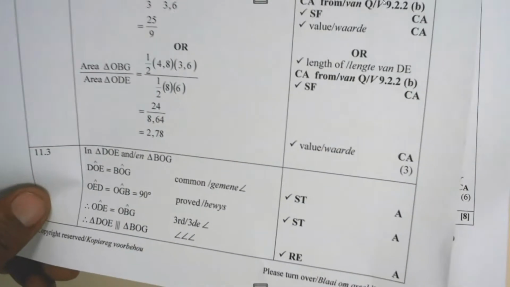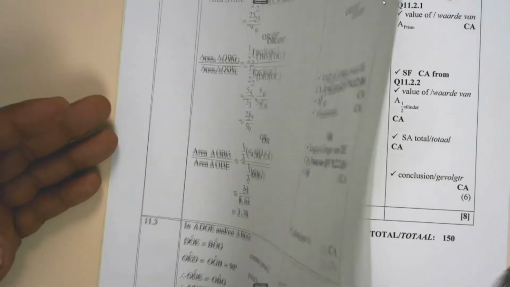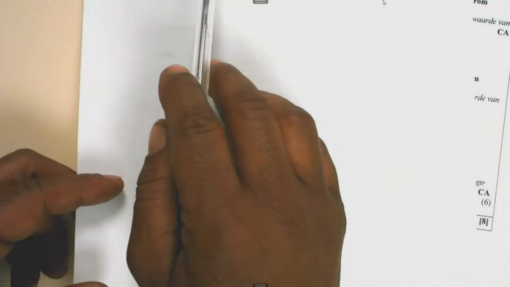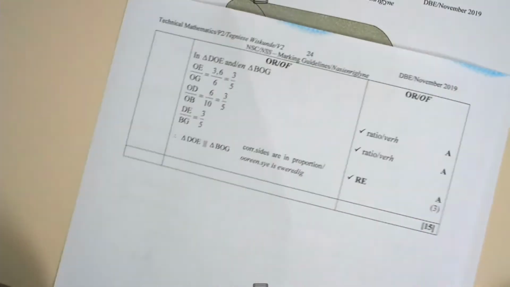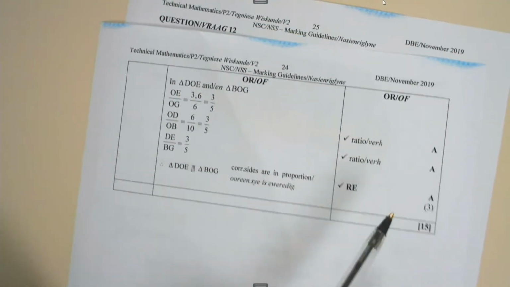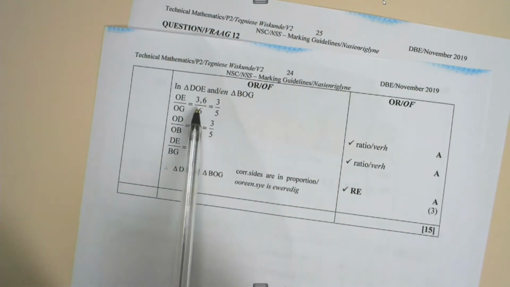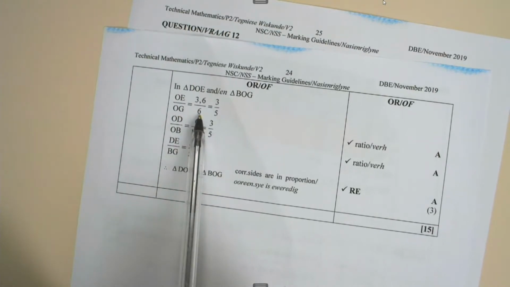Okay, colleagues. And then we come to page 24. That will be the last mark, which is the given alternative as well. If learners approach it with this approach to say in triangle DOE, OE is given as 3.6 all over OG, which is 6.